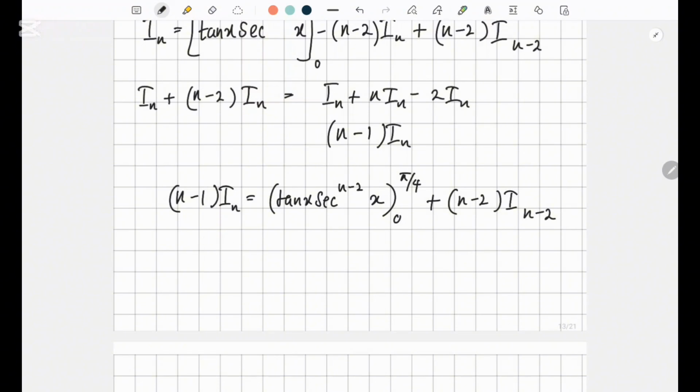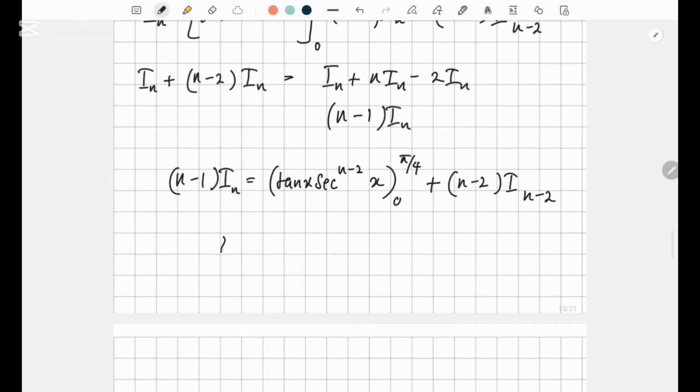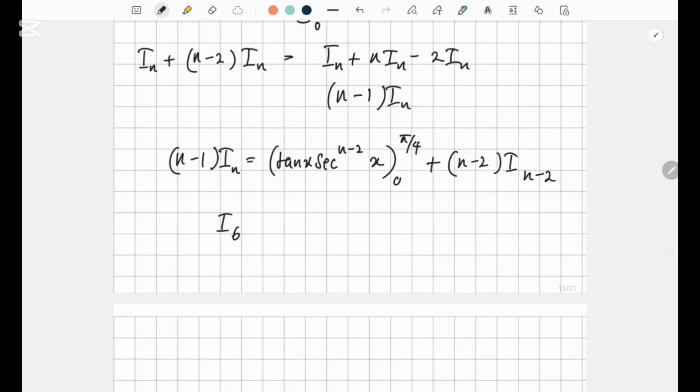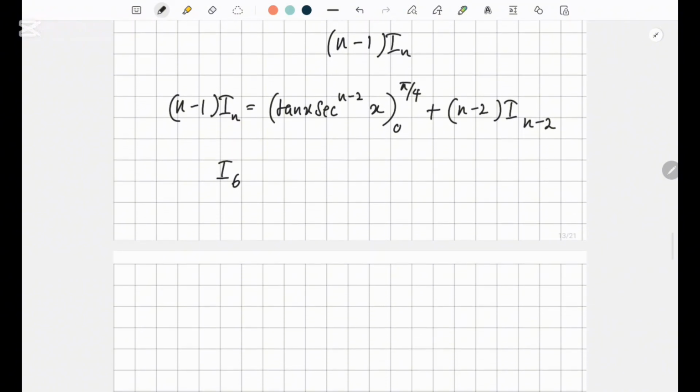That's easy, right? But now we need to find I6. So how do you find I6? To find I6, we'll have to substitute n equals 6, right?